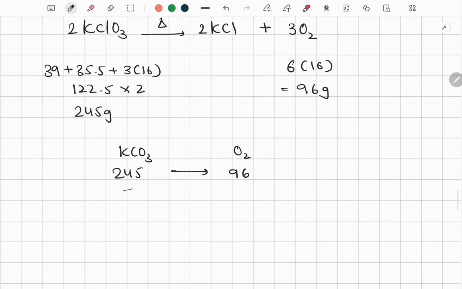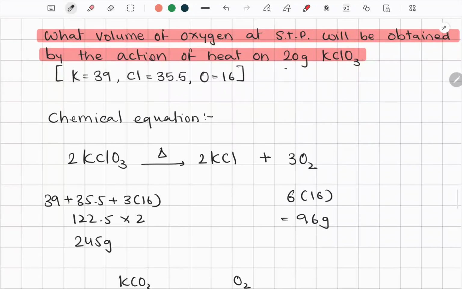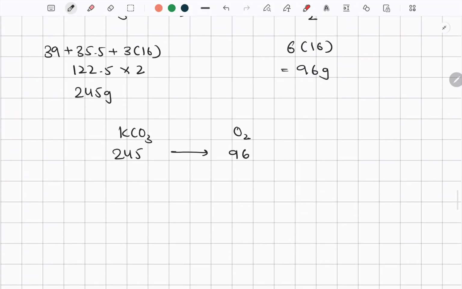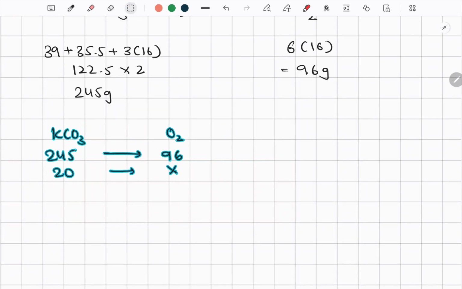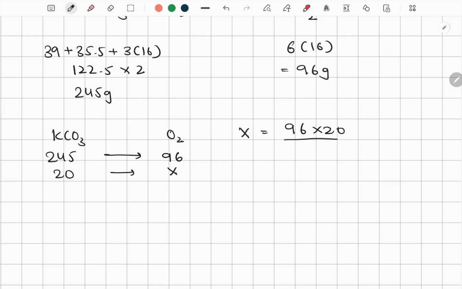If 245 gram of KClO3 gives 96 gram of oxygen, then 20 gram, which is given in the question, of KClO3 will give x gram of oxygen. I calculate the value of x: x equals 96 into 20 divided by 245.